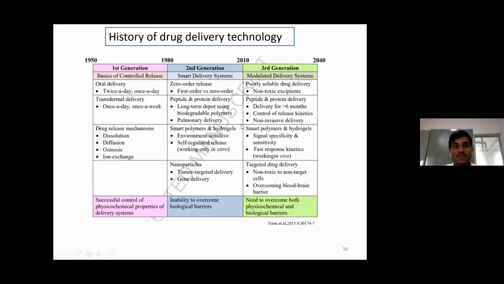And the prosperous future of this drug delivery technology depends on how the drug delivery products in the third generation interact with human physiology.